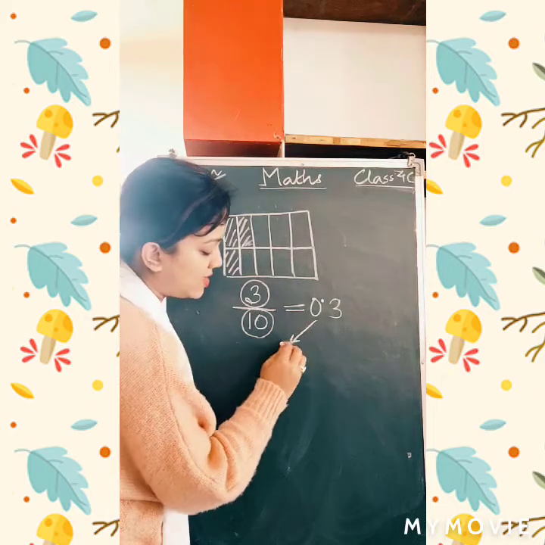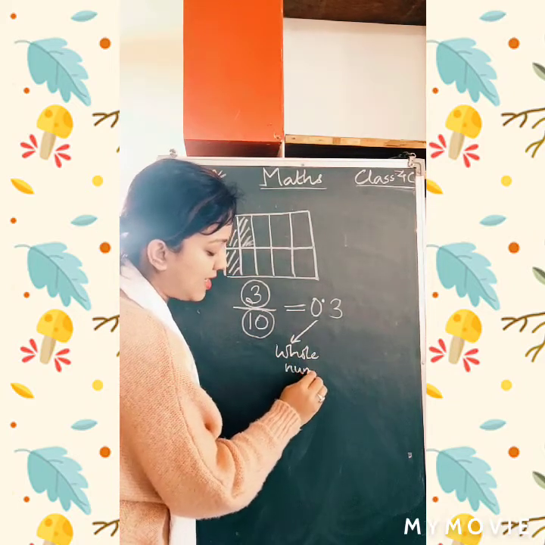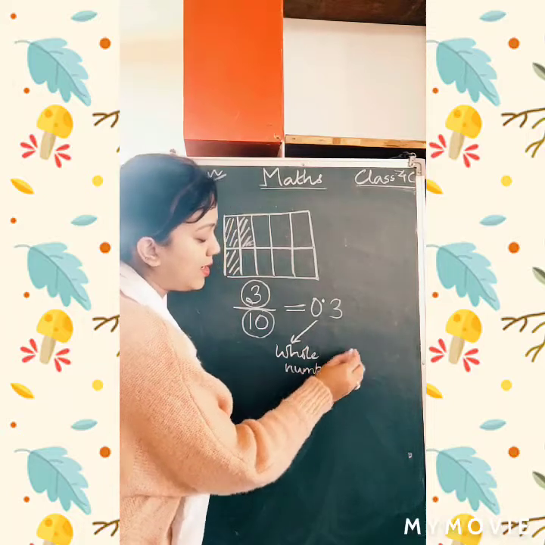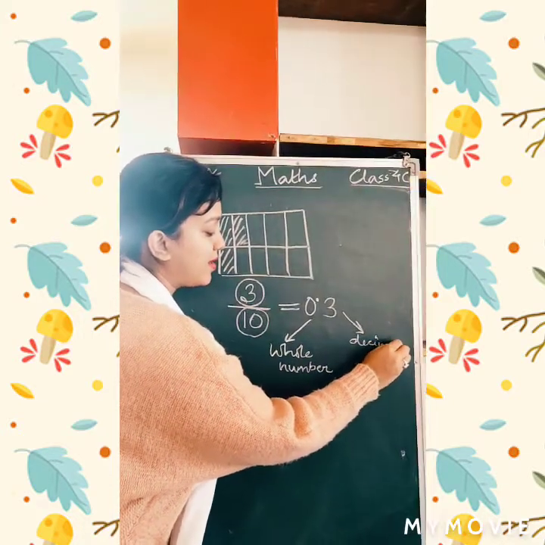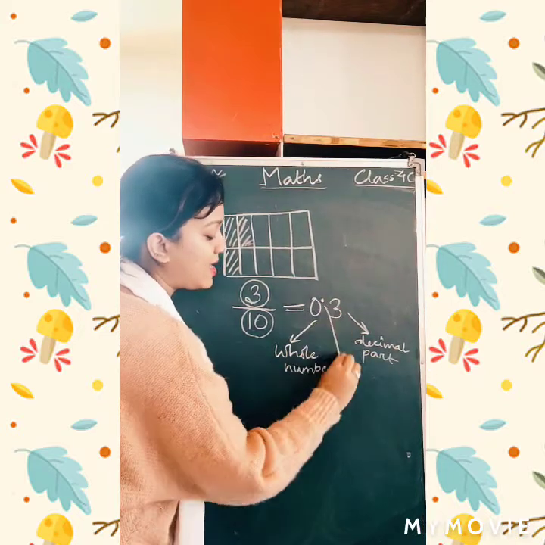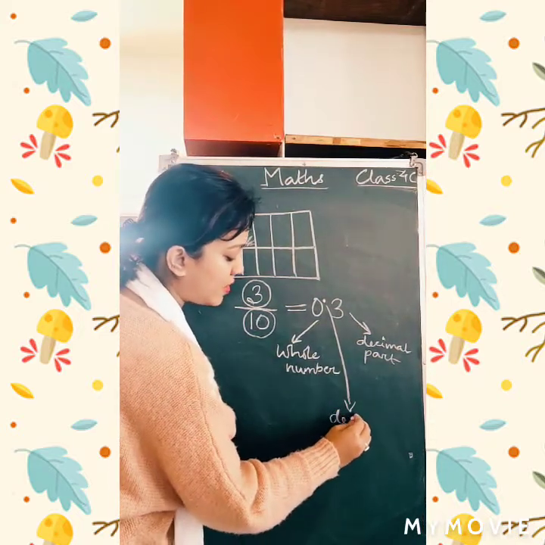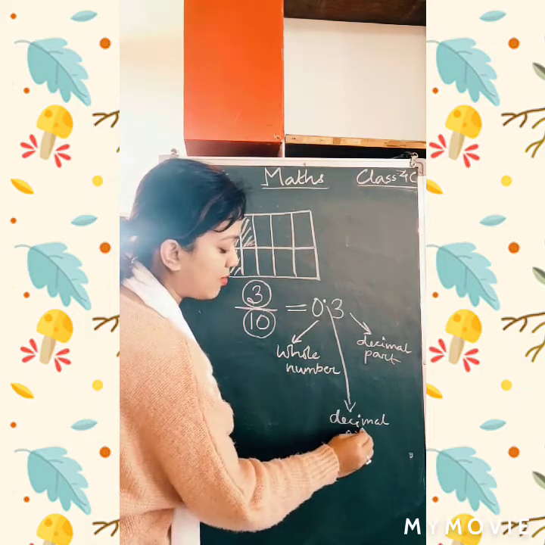Correct? Now, this 0.3, what is this? This 0 is nothing but the whole number. This 3 is nothing but the decimal part. And this point is nothing but your decimal point. Okay.